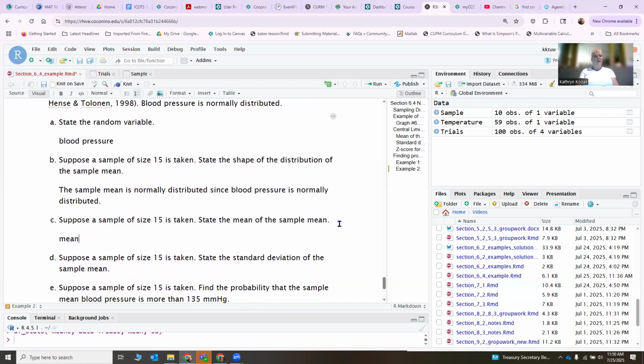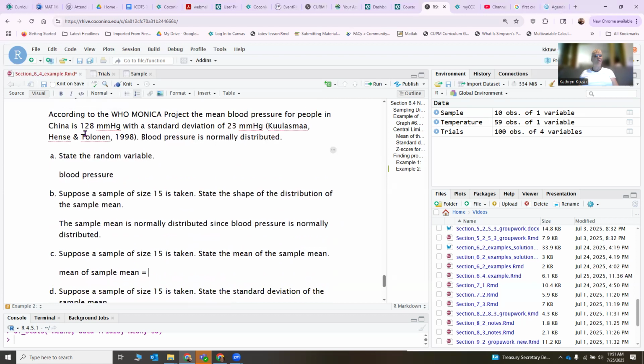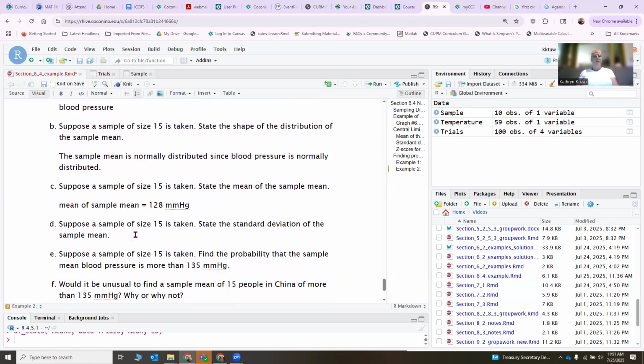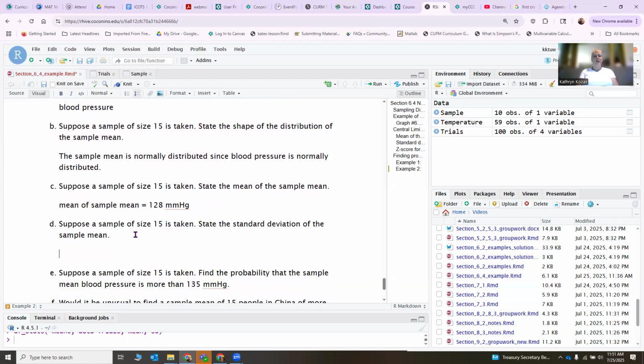Again, I'd like to find the mean of the sample mean. Well, that's the same as the mean of the original data. The original data mean was 128, so that's still 128 millimeters of mercury. If a sample of size 15 is taken, state the standard deviation of the sample mean.